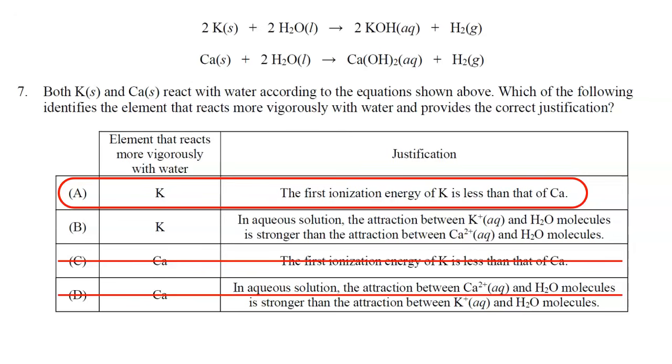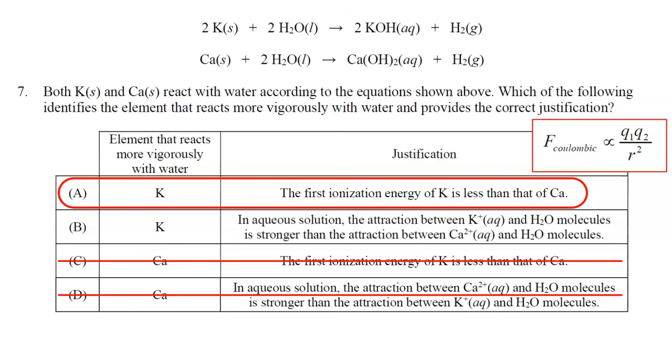And the reason why the justification in choice B is incorrect is because based on Coulomb's law, we would expect a higher magnitude of charge to have a greater attraction for a water molecule. So therefore, the calcium 2+ ion would actually have a stronger attraction to the water molecules than the K+, because it has a greater magnitude of charge.